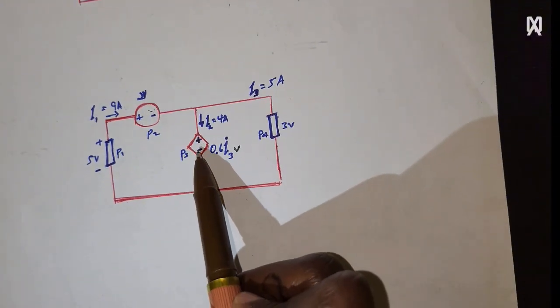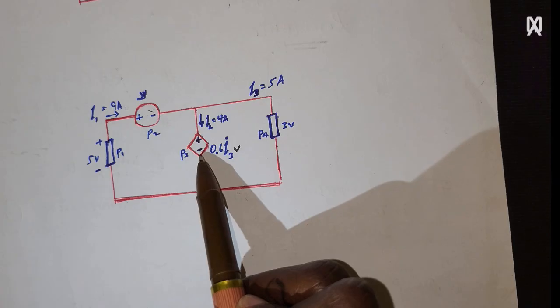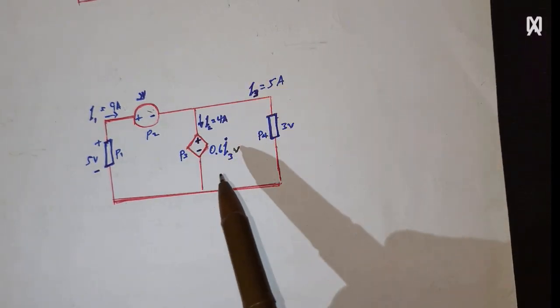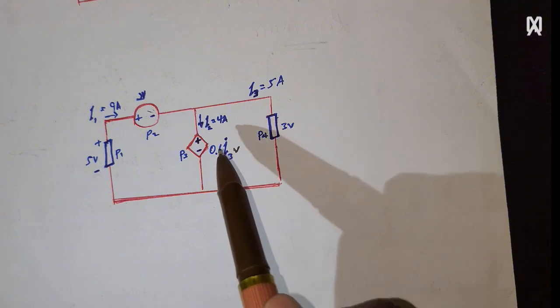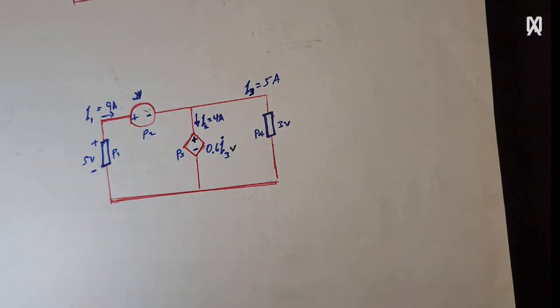While this one is a voltage source controlled by I3, the current in this branch. So it is a current controlled voltage source.